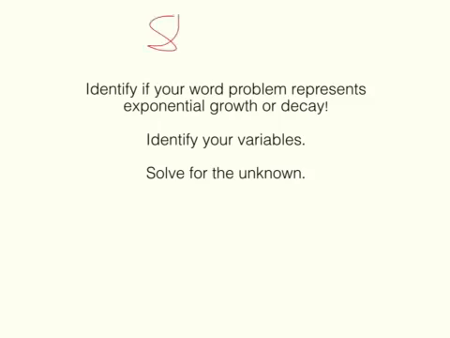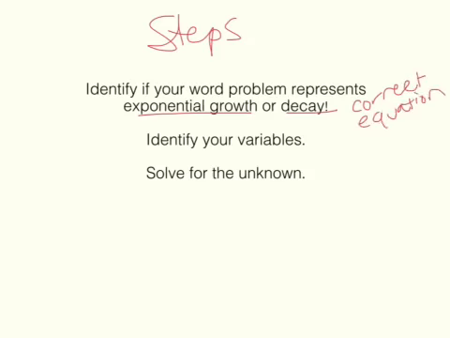So if you want to write out some steps, if that's going to help you, the first thing we always did in those word problems was identify if it's exponential growth or decay. That way we can use the correct equation, either the 1 plus r or the 1 minus r. Then we identified our variables: what our y was, a, r, or x.